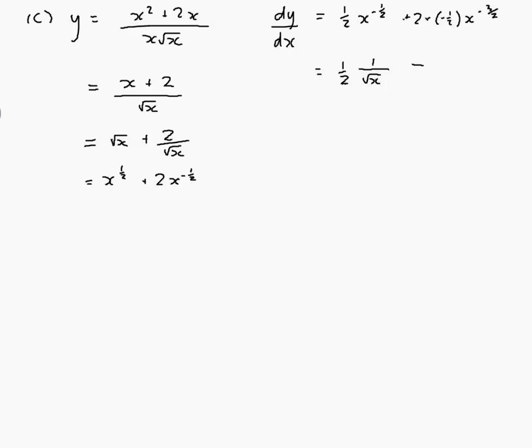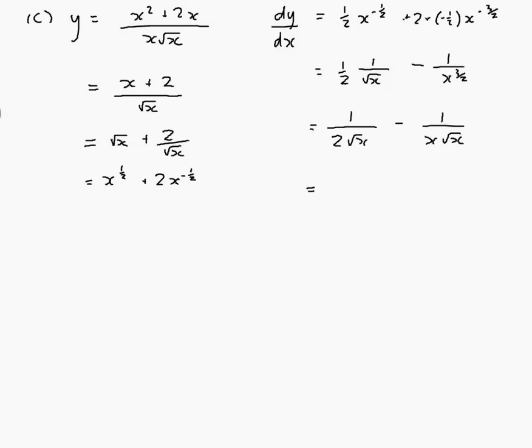minus, and those 2 cancel with the half, 1 on x to the 3 halves. So that would be 1 on 2 root x minus 1 on, well, I guess that's x to the 1.5, which is x times x to the half, which would be x root x. Now this one, I reckon it's worthwhile putting it over a common denominator.